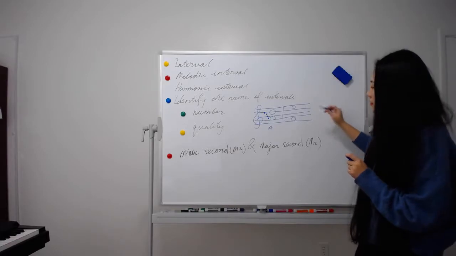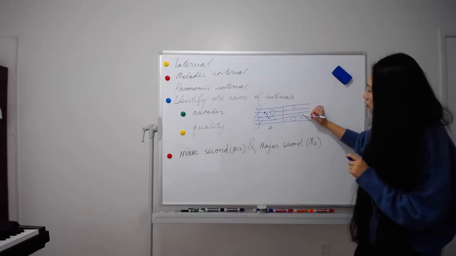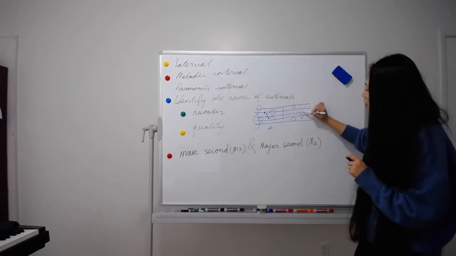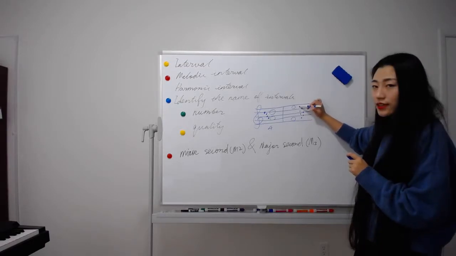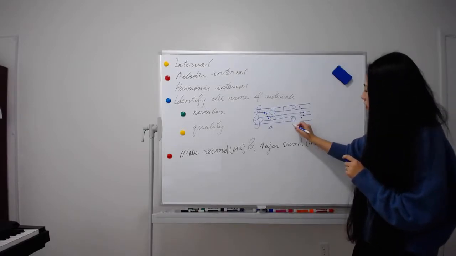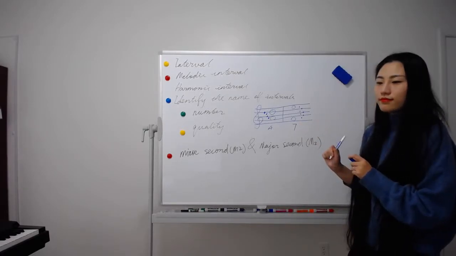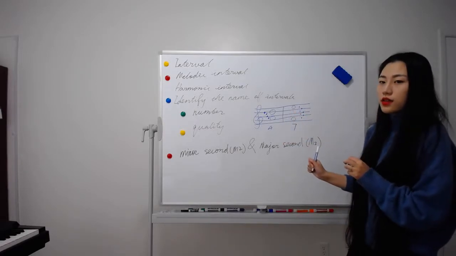Let's count together. 1, 2, 3, 4, 5, 6, 7. So the number of this interval is 7. So that's the number of intervals.